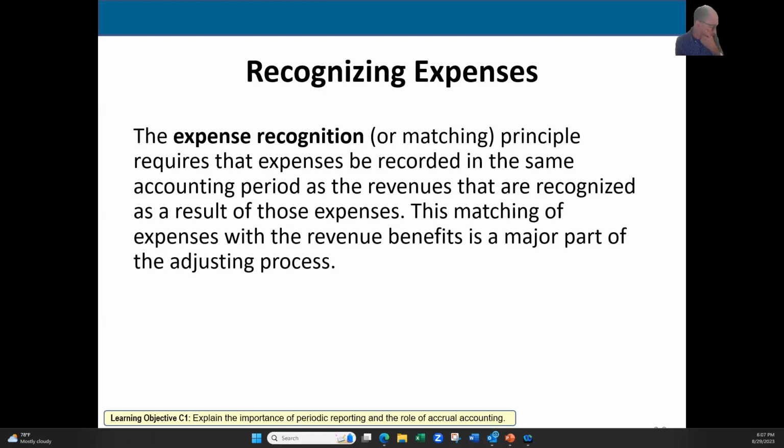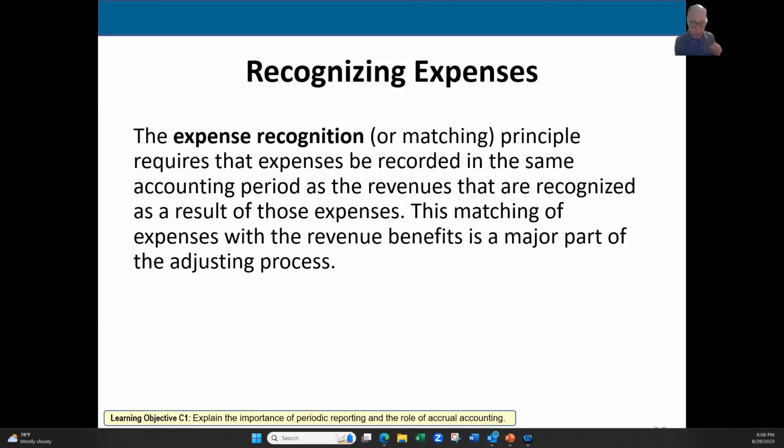So for example, my Pepco bill for August. I received my bill in September. I look at the bill and it says for the month of August, and it has the August dates on it. So I'm going to record that bill as an adjusting entry for the month of August.